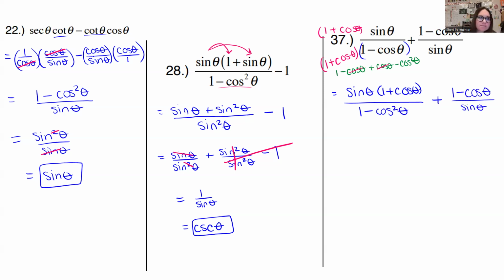What's 1 minus cosine squared? Sine squared. Well, let's rewrite that. So I have sine times 1 plus cosine all over sine squared.